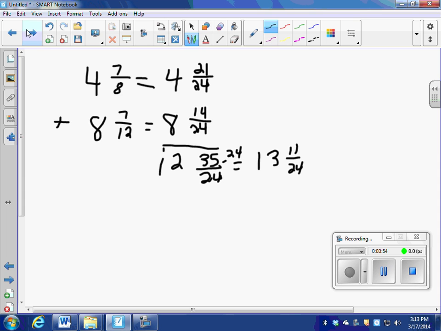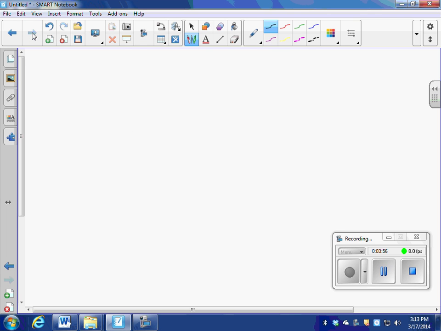Sometimes you're going to run into problems that are a little bit harder, especially if your fractional part of the larger number is smaller than the fractional part of the smaller number. So let's say we have 4 1/10 minus 1 6/8. First off, I'm going to go ahead and find my common denominator so I know what I'm working with.